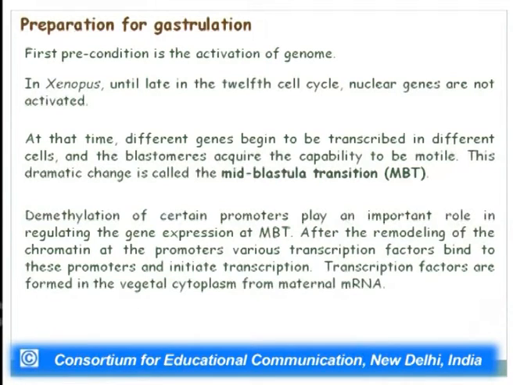So, we are talking about how in MBT the gene expression is activated. In frogs, particularly in Xenopus, both the paternal and maternal chromosomes have promoters which are hypermethylated. So, this methylation actually inactivates them. Demethylation of certain promoters tends to regulate the gene expression.